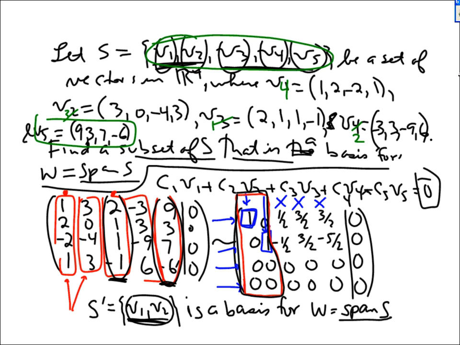Well, if you put v1 first, and v2 second, and v3 third, and v4, and v5, when you reduce it, you might get a different set of vectors. You might get v3 and v5. It's not going to be unique what you get. You don't have to get v1 and v2. It might be possible that v3 and v5 span the same set as v1 and v2. That is, they span S.